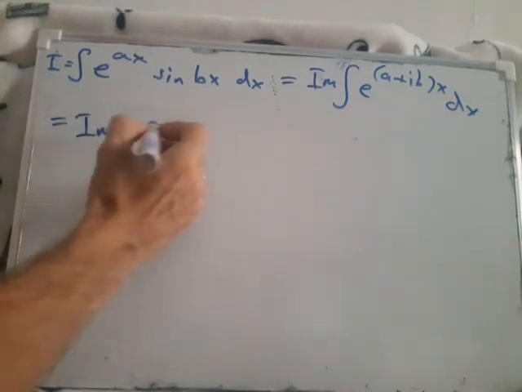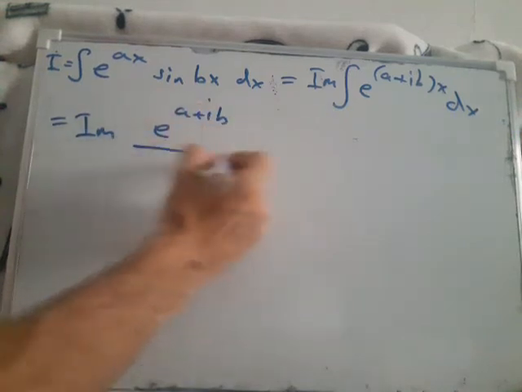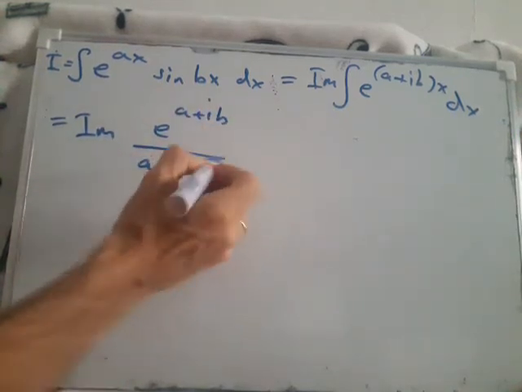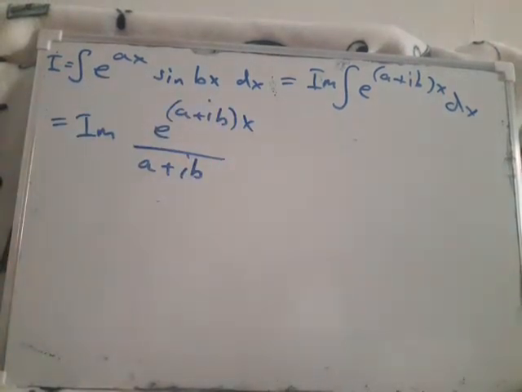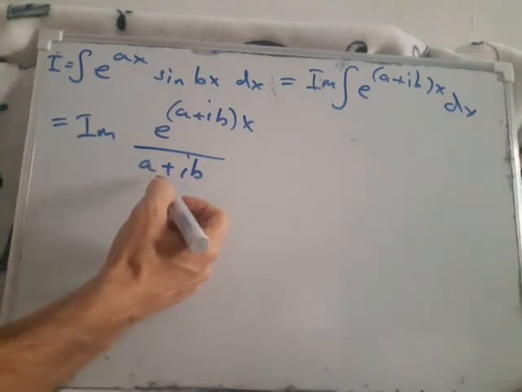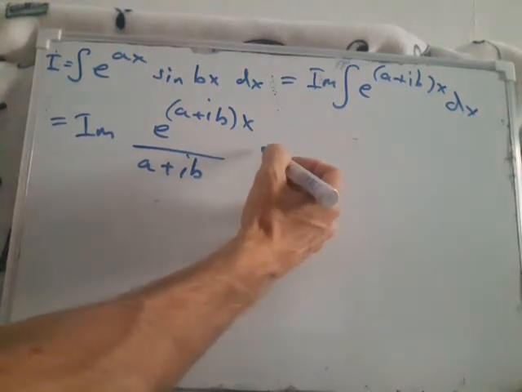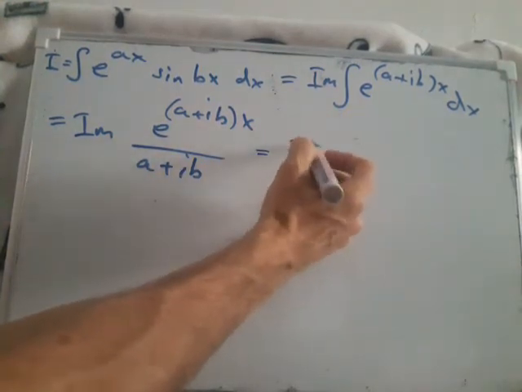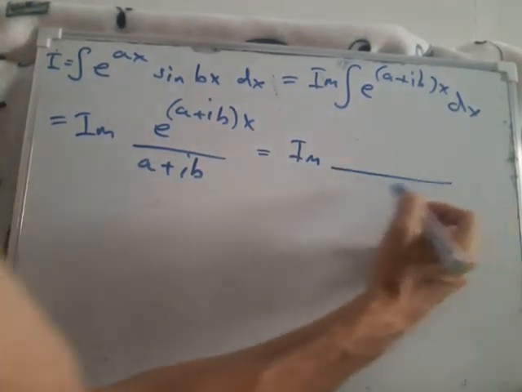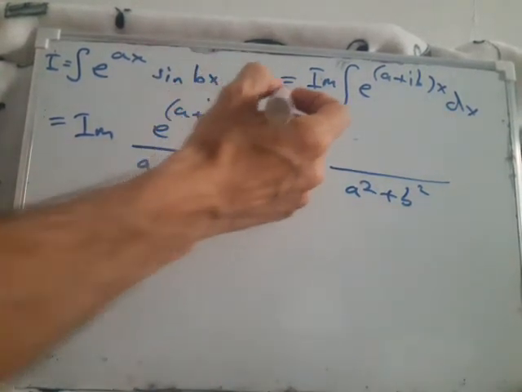So I can do that in one step and get e to the, then all I need to do is find the imaginary part, which I do simply by multiplying top and bottom by a minus ib. So that will give me the modulus on the bottom. So a squared plus b squared on the bottom.